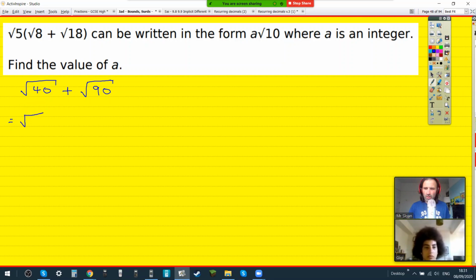So root 4, root what? Root 4, root 10. Yeah, not 20. So that is 2 root 10.